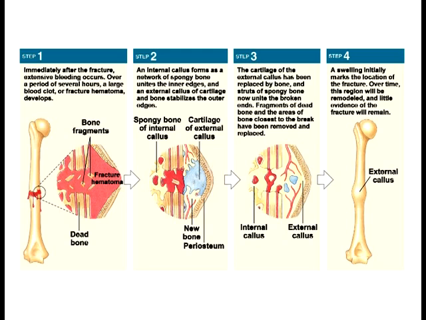Here's showing kind of what happens during a bone breakage. In parts of your bone that are maybe a little weaker, which is where a stress fracture or something else may come into play, you have osteoblasts that are going to rebuild a new calcium or a new cartilage matrix around the fracture.